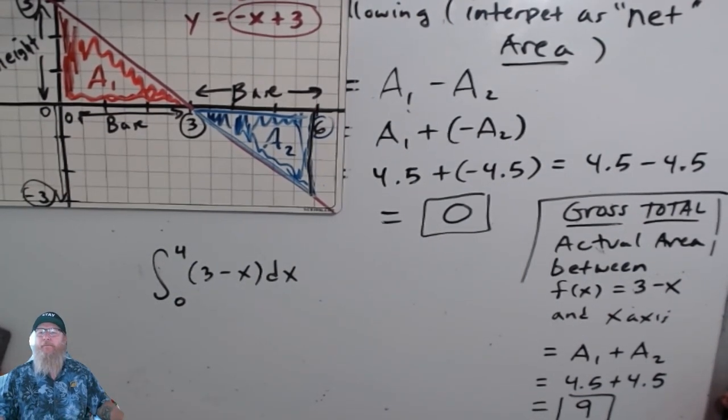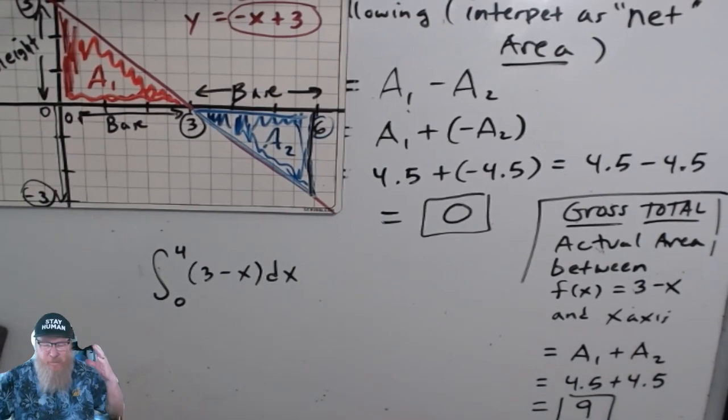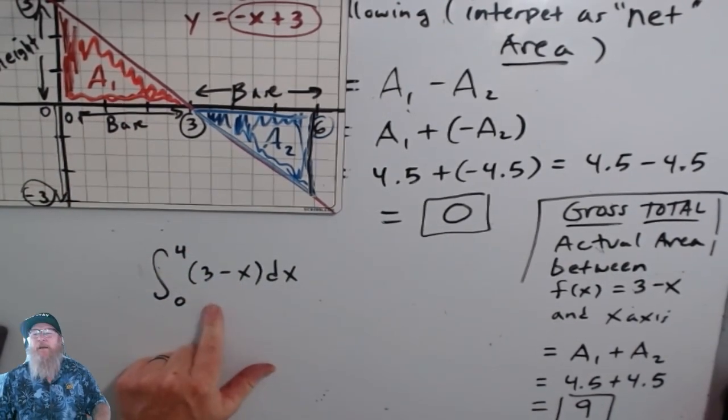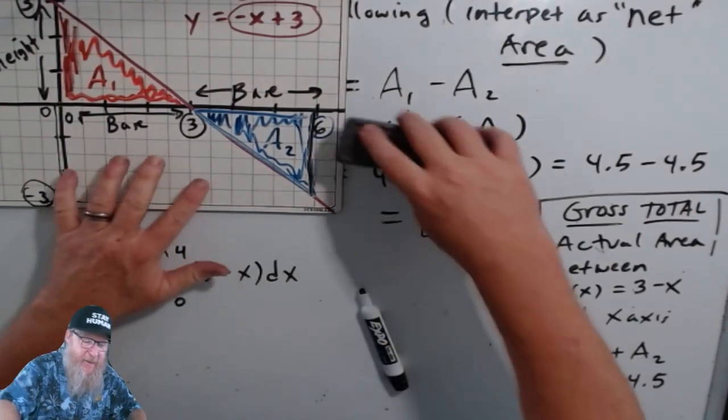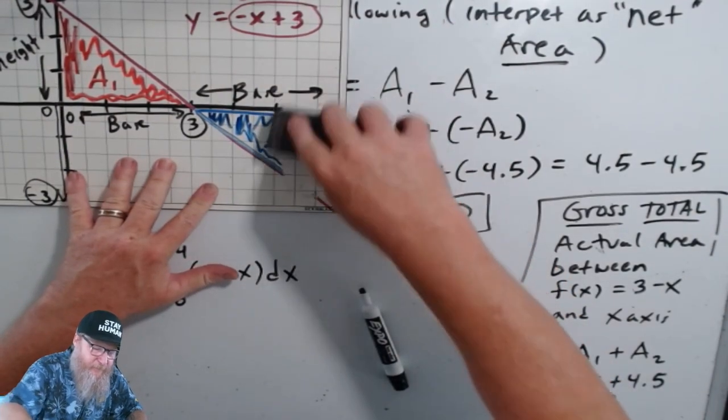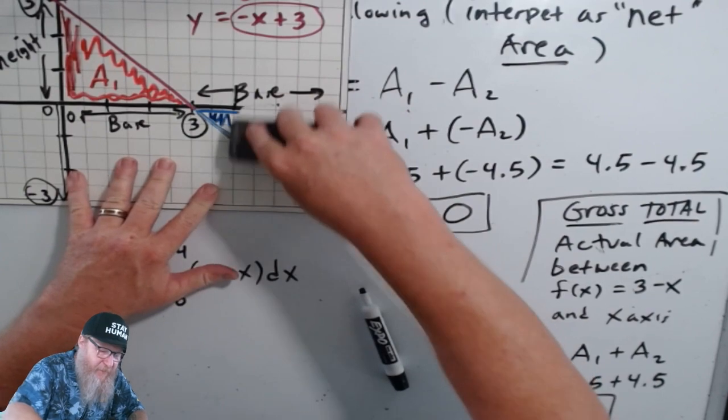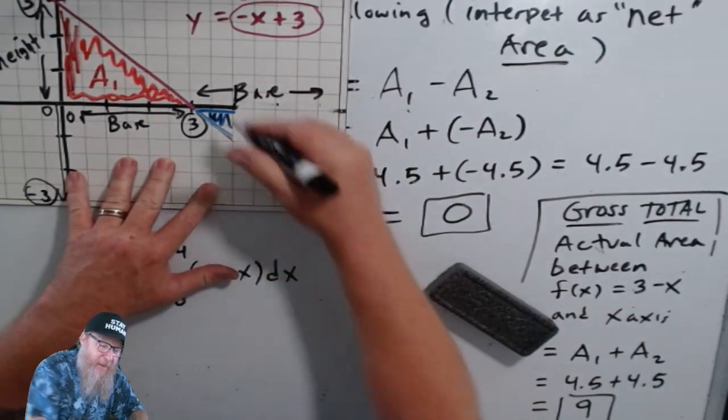All right. So I'm kind of turning this one problem into 2 examples here. How about this one? From 0 to 4. Well, just take your diagram and chop it off right here.